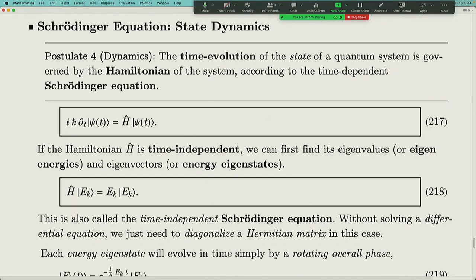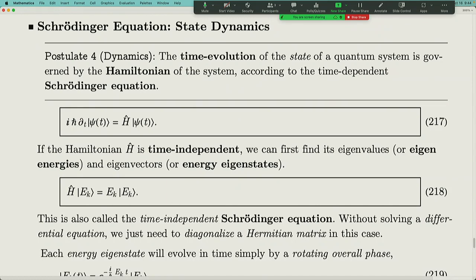So we really have only one Hermitian matrix in our hand. And with that Hermitian matrix, we can try to do a spectral decomposition by finding its eigenstates and eigenvalues. Solving this eigenequation is also sometimes called the time-independent Schrödinger equation, because in the time-independent case, you don't really need to solve this differential equation in time.